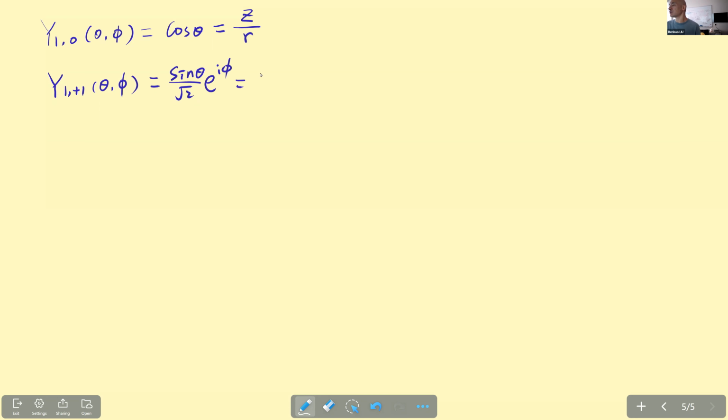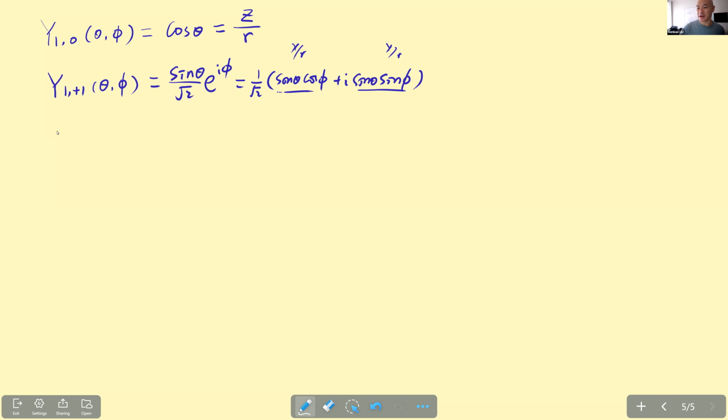So this equals 1 over square root of 2 times (sin theta cosine phi plus i sin theta sin phi). Very interesting. This is the real part, this is the imaginary part. This one is just x over r, and this one is just y over r, right?